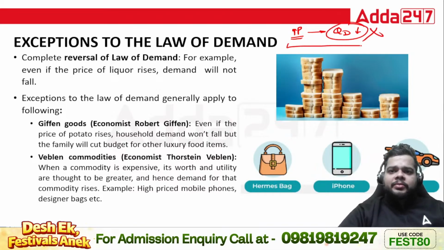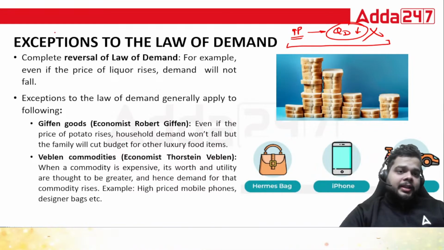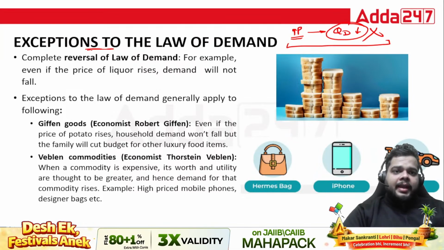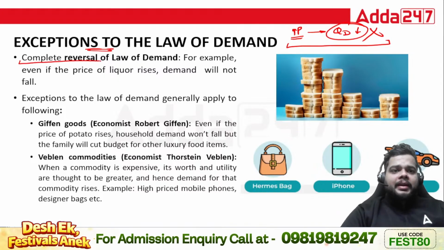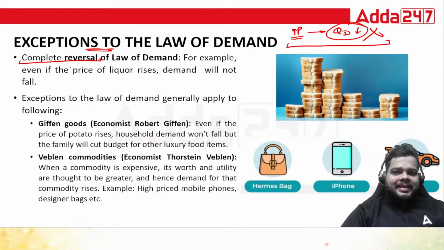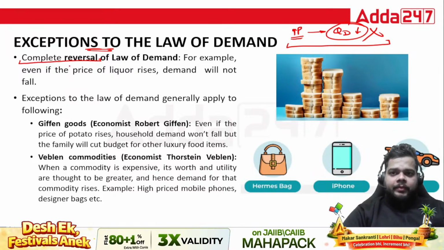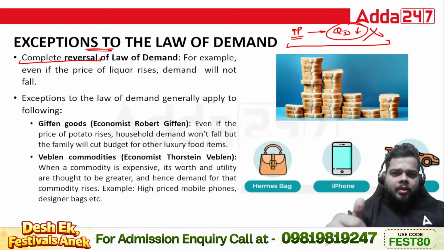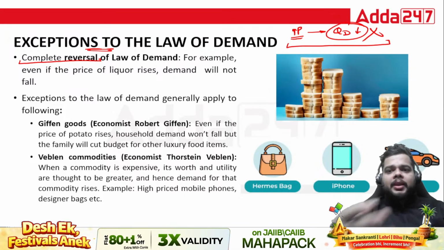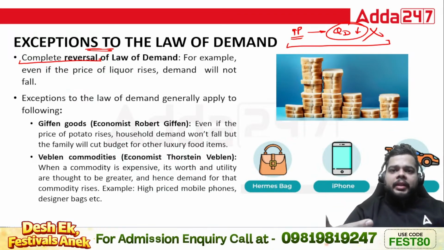If such a situation is there, then we would say that we are looking into the concept of exceptions to the law of demand, which states that there will be a complete reversal of the law of demand whenever there is an increase in price. And why is this happening? There can be two reasons. One, you are talking about the staple diet of people, certain commodities which are utilized by people, without which they won't be able to sustain their livelihood.